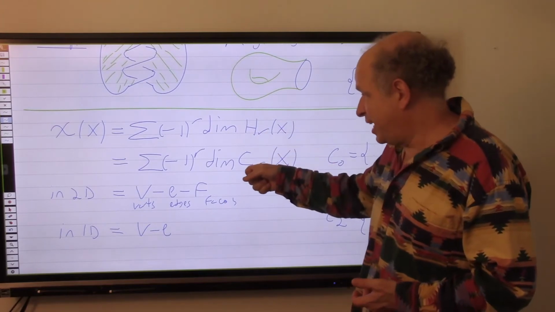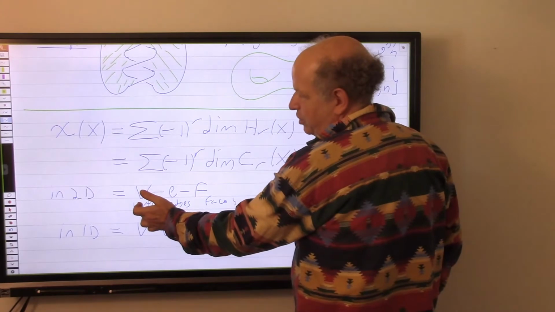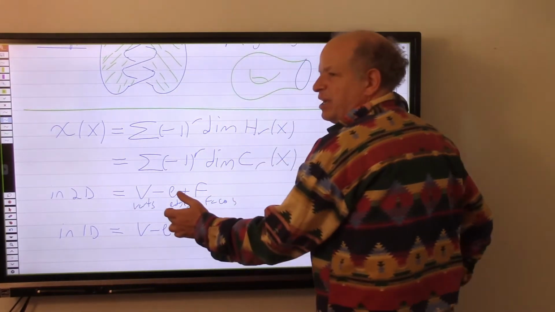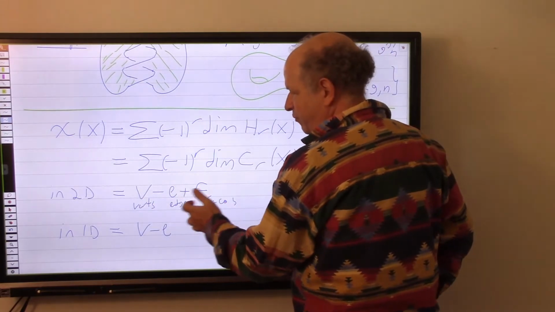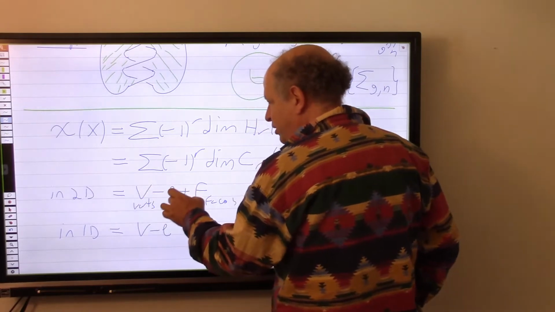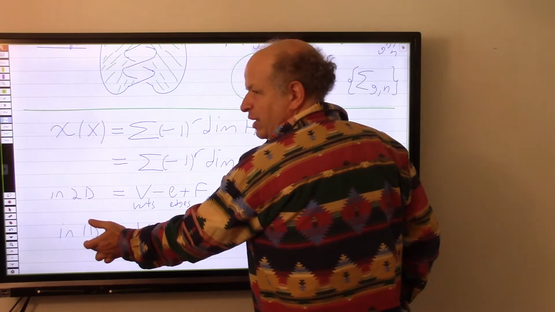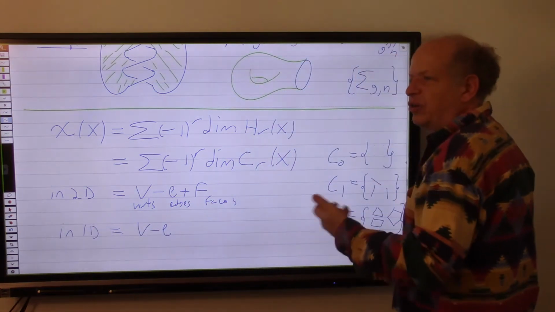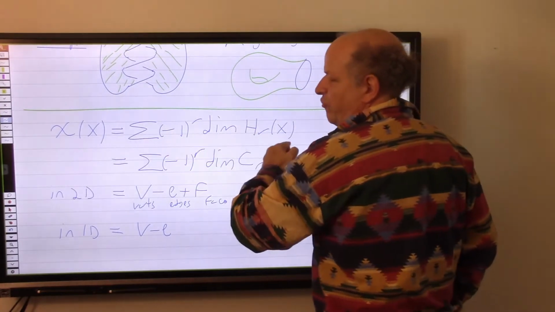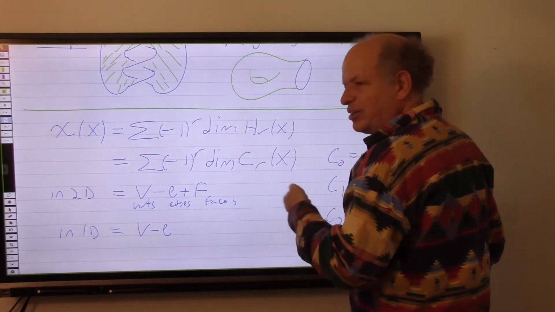They may have different chain groups and definitely different V minus E plus F, they may have different V, different E, different F. In fact, one might be 2D and one might be 1D, but so long as they are homotopy equivalent, the first formula tells you that their Euler characteristics are the same.